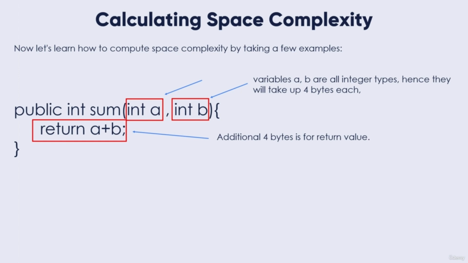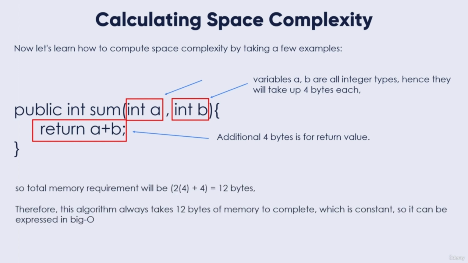We also have a return statement, which in fact makes a new variable for calculating a plus b. So consider a variable called sum, or a variable called k. k equals a plus b. So we have created a new variable k for making the addition, and we're returning this result. This makes a new variable of type int, and this means that we have 4 bytes for the return value.